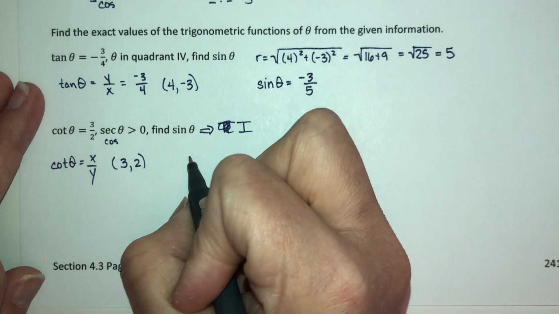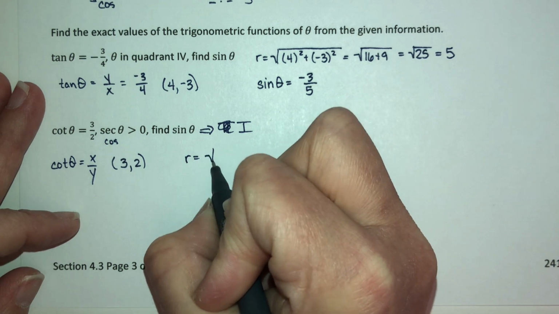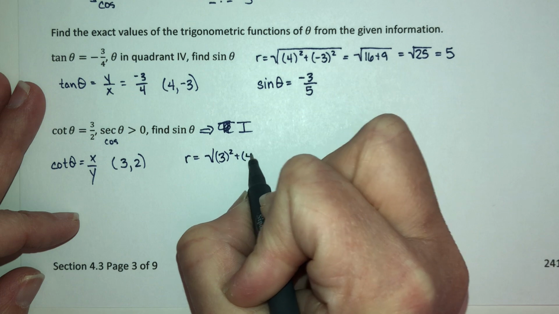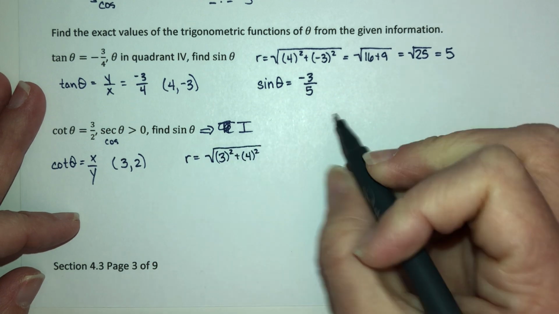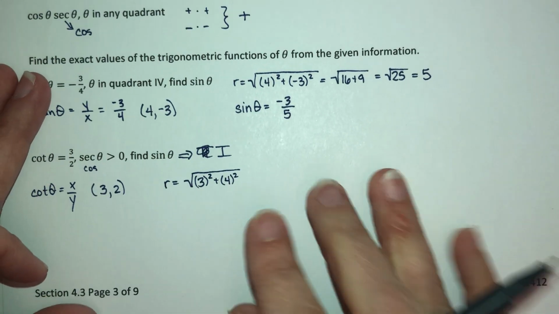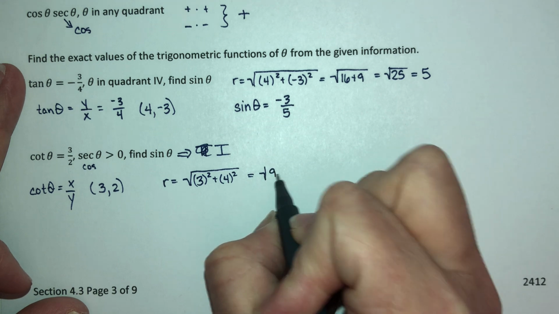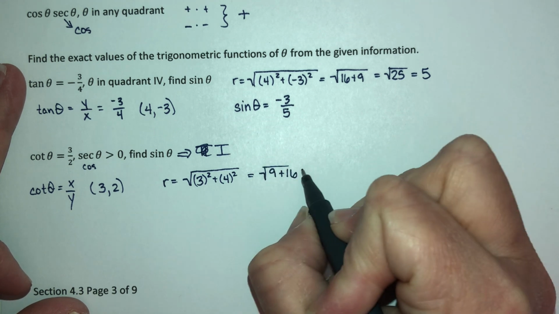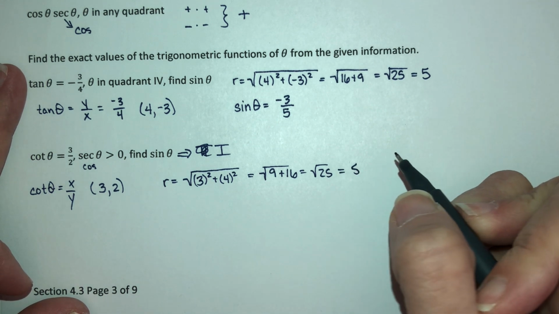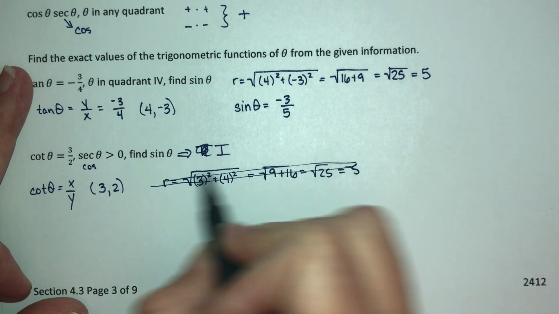Now we need to find our r value. So we do the square root of 3 squared plus 4 squared, which is actually the same thing as what is up here. So we have the square root of 9 plus 16, which is the square root of 25, which is 5. Except I just made a big mistake here.